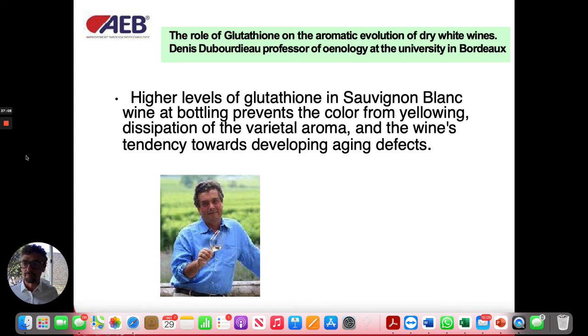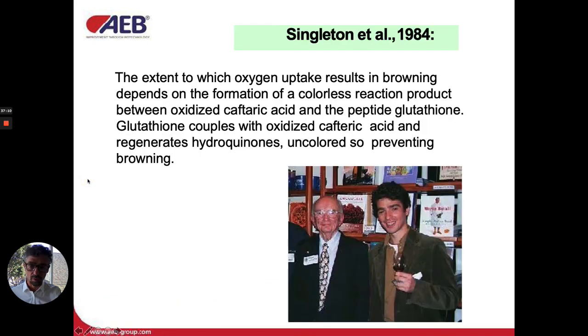Another professor that was talking about glutathione is Vernon Singleton at UC Davis, and here we're talking 1984. It is not regarding thiols. This is more about color, but once again, it was investigating the antioxidant effect of glutathione, which recently, compared to this research, probably around 5 years ago, was authorized as an ingredient by the OIV.